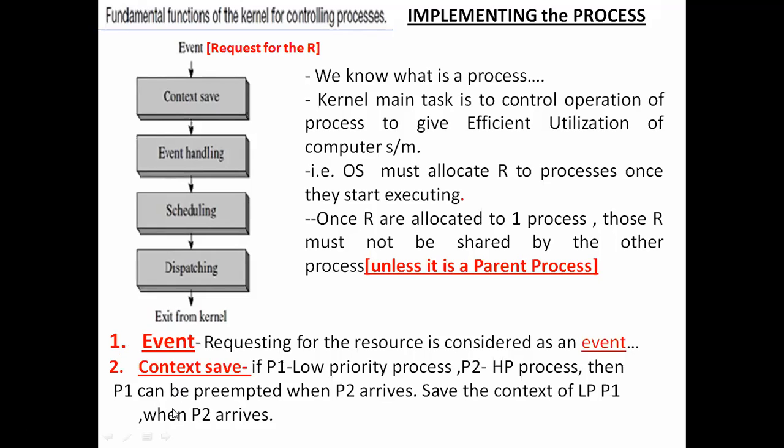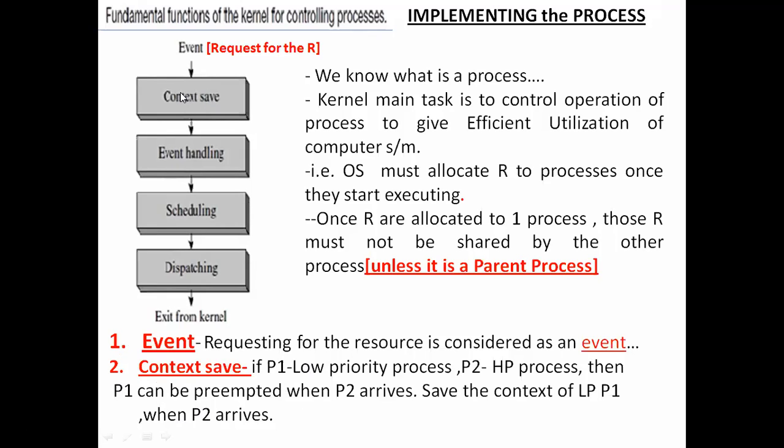To come back from the high priority process to the low priority process, the OS will retrieve the information that was stored on the stack. By retrieving the contents of P1, the OS can start the execution of P1 from where it left off to execute P2. This is nothing but the context save.